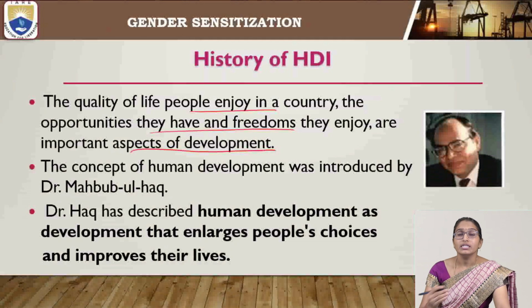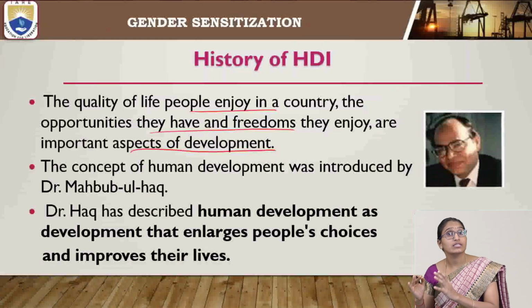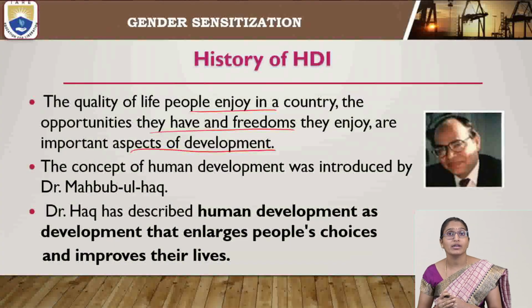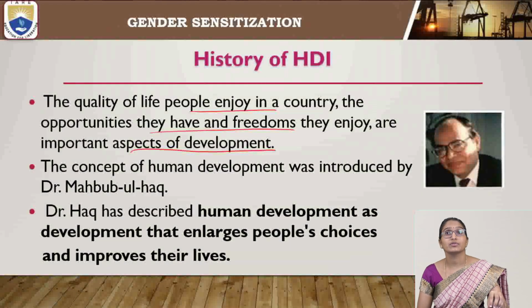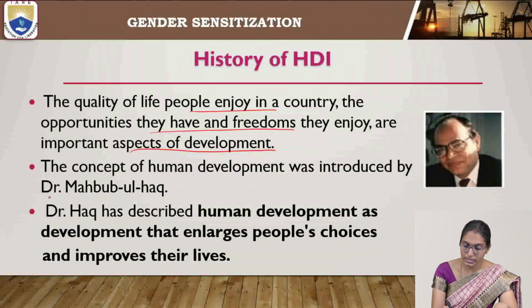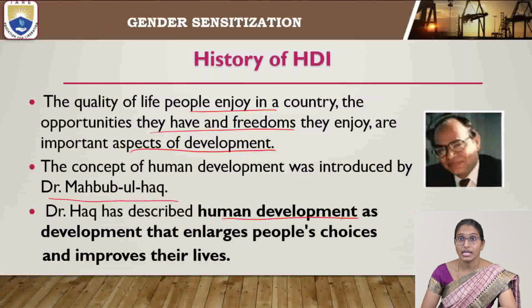Now comes the term Human Development Index. That means the index which tells about human development, how far humans are developed. This concept was first introduced by Dr. Mahbub ul Haq. He described human development as a development that enlarges people's choices and improves their lives.